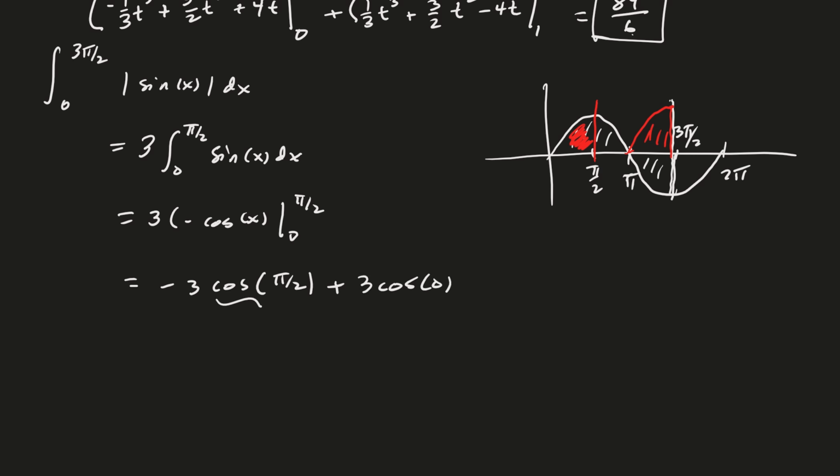Good, cosine of pi over 2 is equal to 0. Cosine of 0 is equal to 1, so therefore overall we have 3. So actually you can see each of these little wedges right here has an area of 1. That's kind of nice. Good, all right.